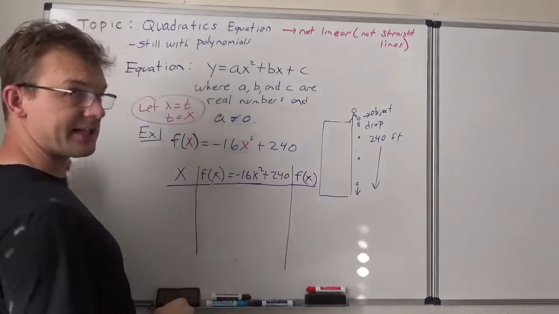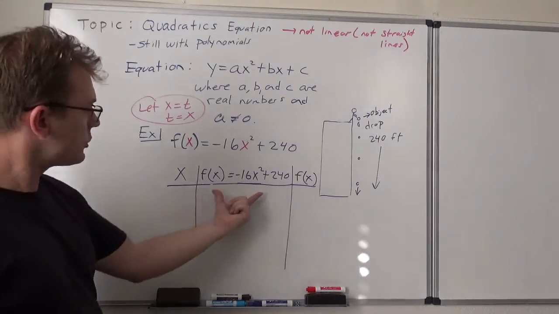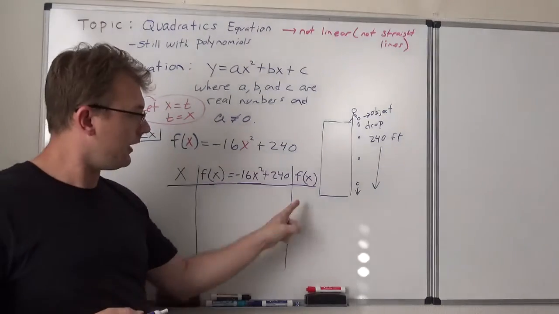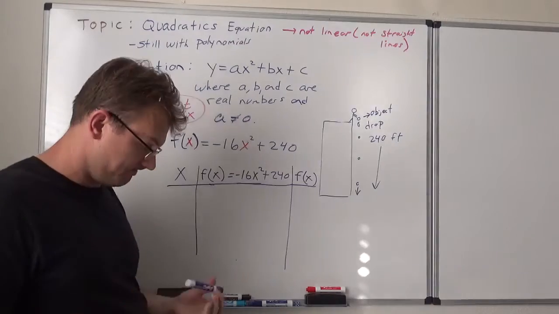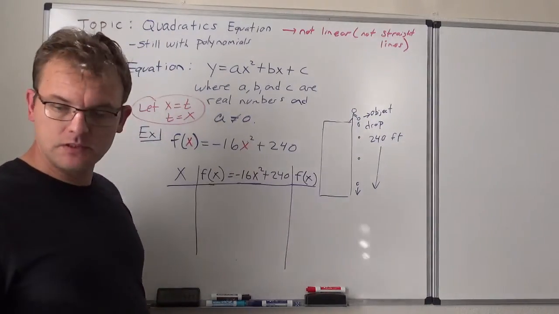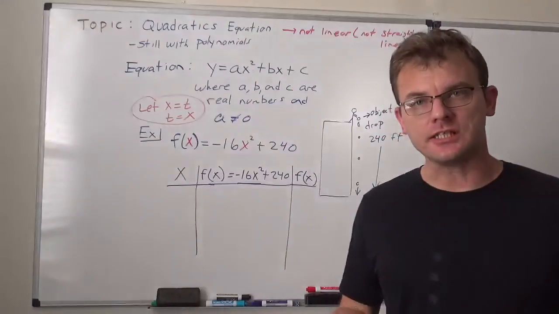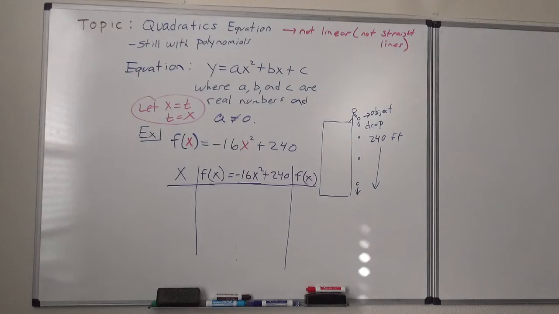And let's get some numbers out of it. So here's your inputs, here's your equation information, and here's your output. So let's just plug in some numbers and do some calculations.